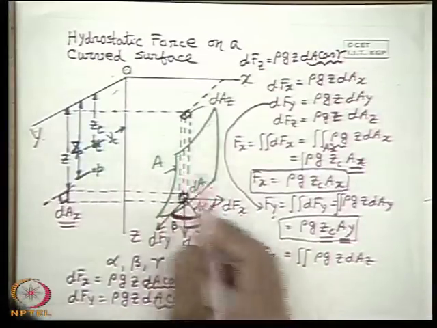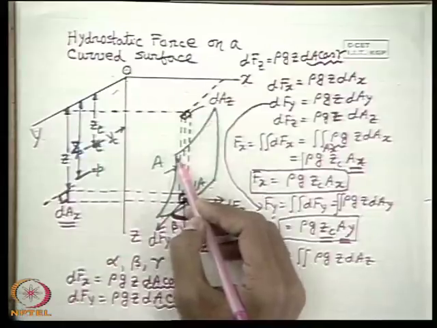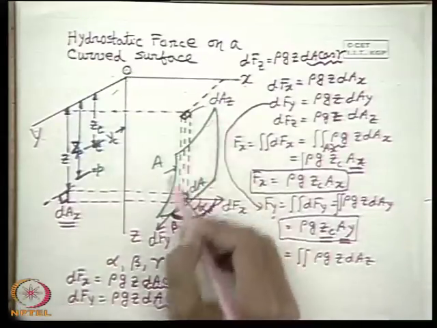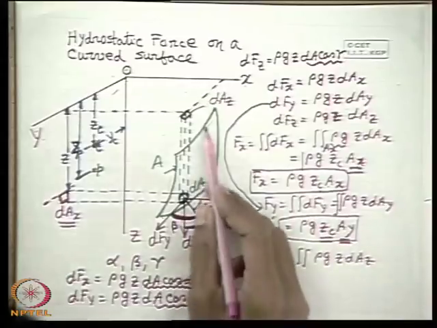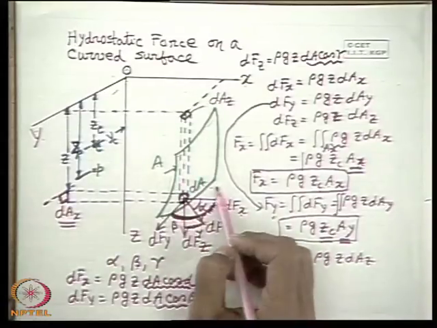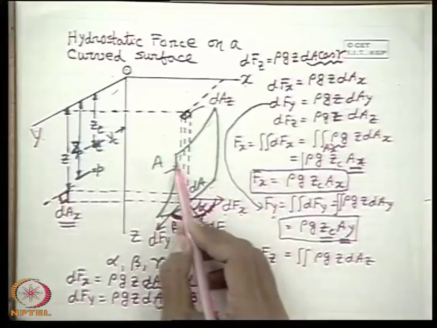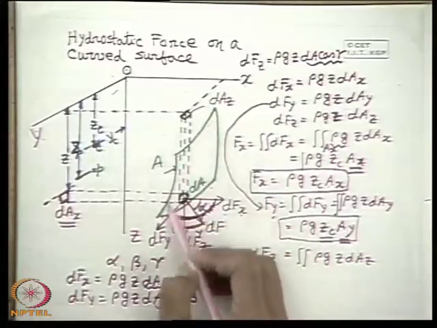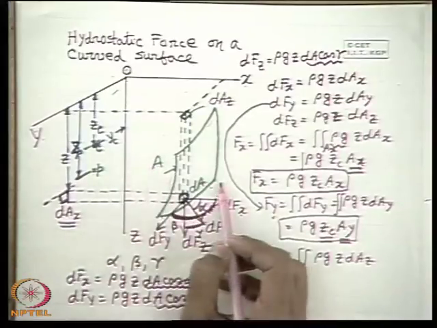hydrostatic force in any horizontal direction on a curved surface equals the hydrostatic force exerted on a plane surface which is perpendicular to that direction and whose area is equal to the projected area of the curved surface on that plane perpendicular to the direction.